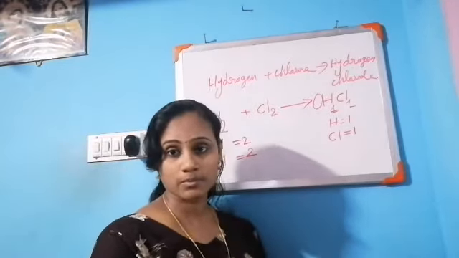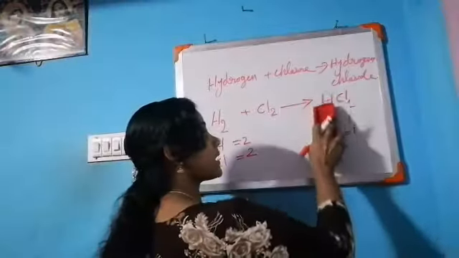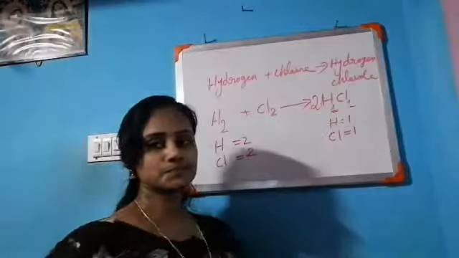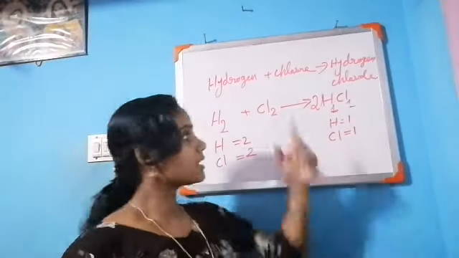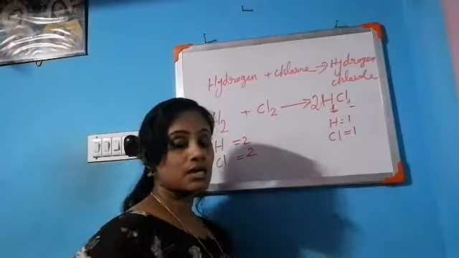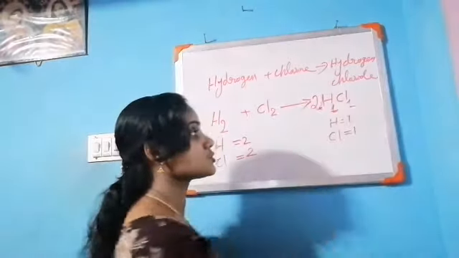Okay, left side only we are multiplying. So first we multiply by 2. So 2 multiplied by 2. Is it clear? Now you check how many hydrogen. Already 1 is there, so 1 into 2.